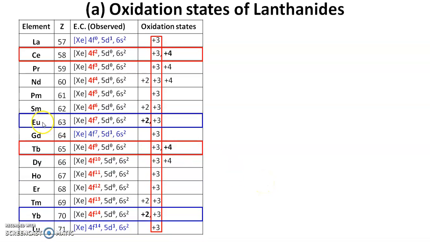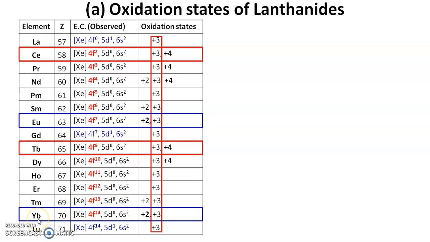Similarly, europium and ytterbium, these two elements show +2 stable oxidation state. When europium loses 2 electrons from the 6s orbital, then it acquires an electronic configuration like xenon 4f7, which is a stable electronic configuration.